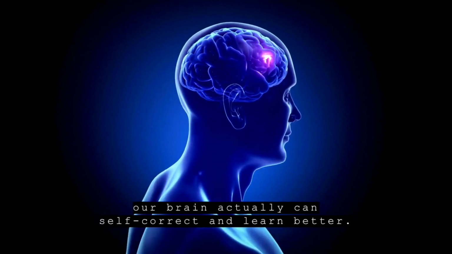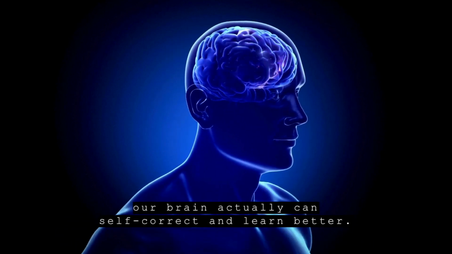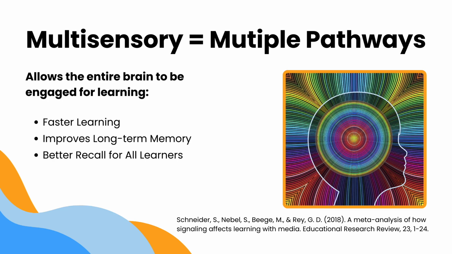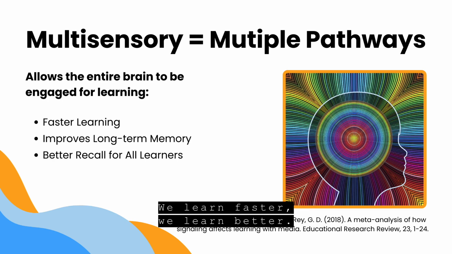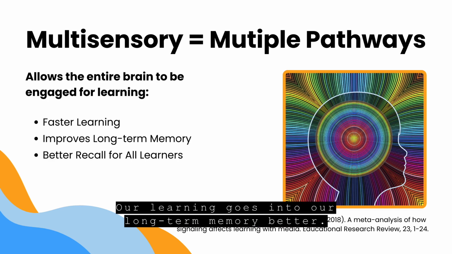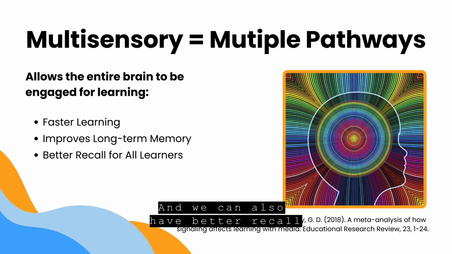Our brain actually can self-correct and learn better. It allows the entire brain to be engaged for learning. We learn faster, we learn better, our learning goes into our long-term memory better, and we can also have better recall when we use multisensory learning.